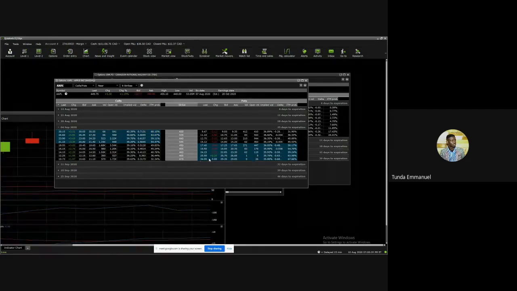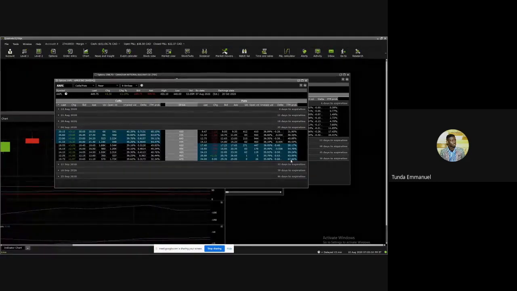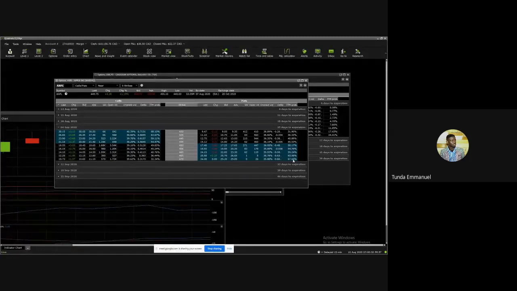Now, what you can see here, based on mathematical and historical data, it tells us that you have 67% chances of the price to be at this strike price, which is 470, or above.